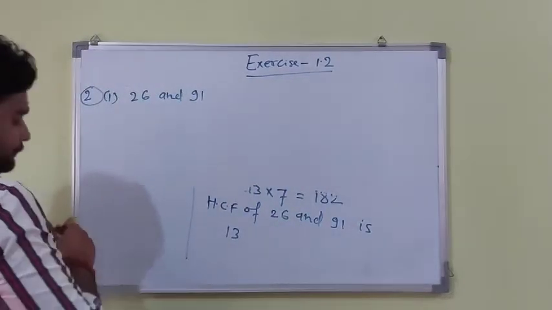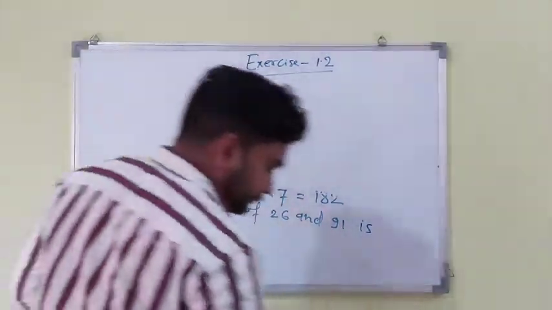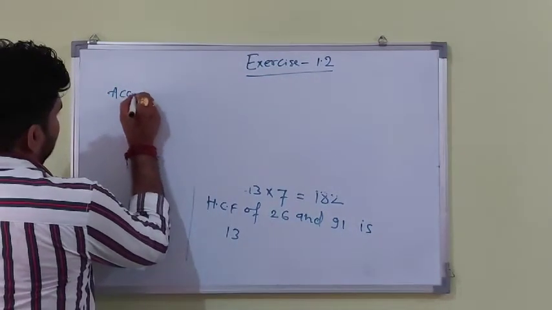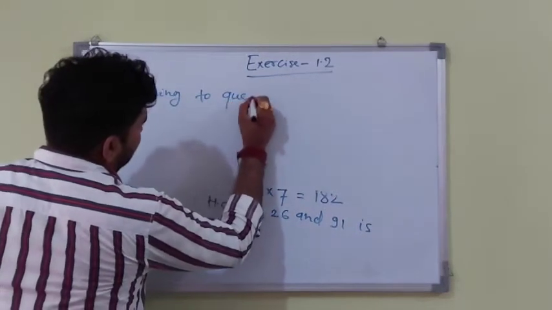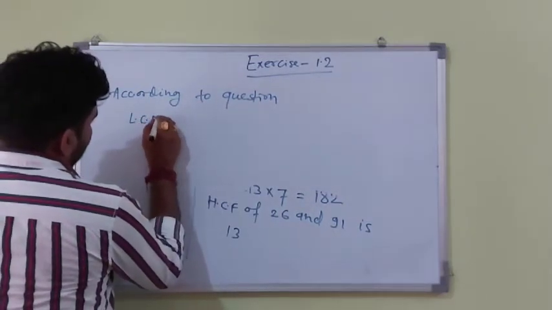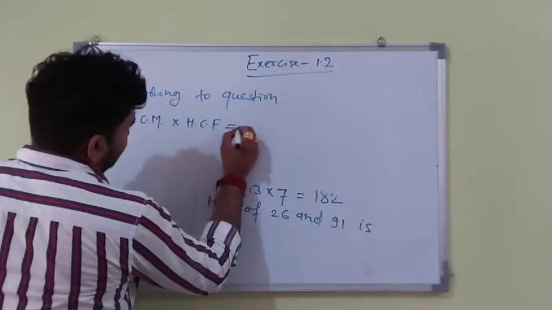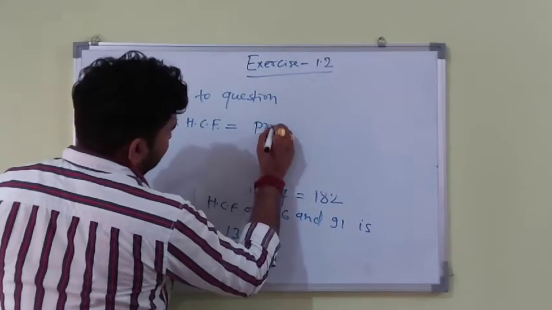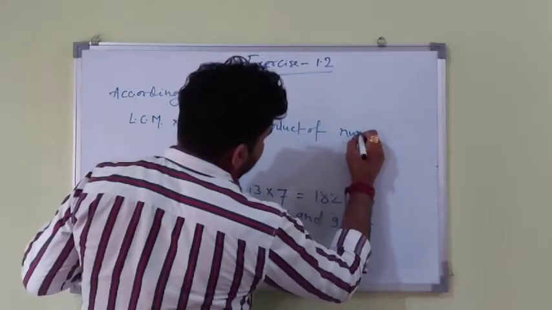According to the question, LCM cross HCF is equal to the product of the numbers.